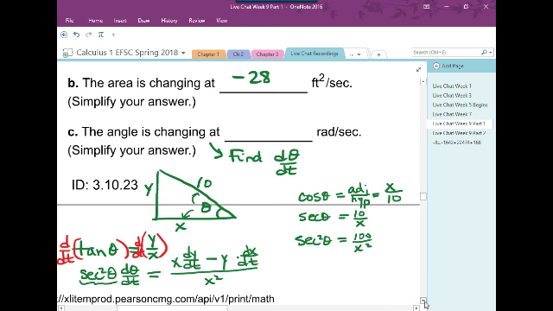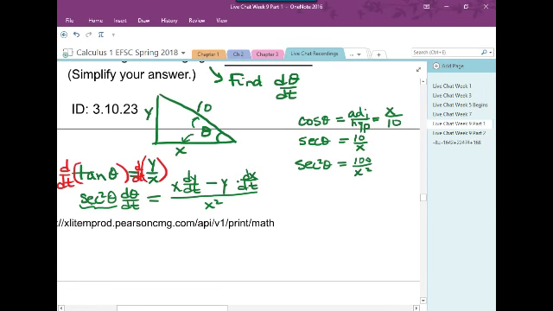So in my formula, rather than having secant squared of theta, I'm going to change that to 100 over x squared d theta dt equals x dy dt minus y dx dt over x squared. This is the cleanest way to do this.